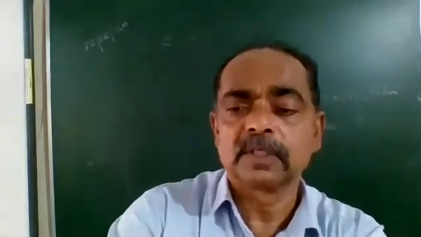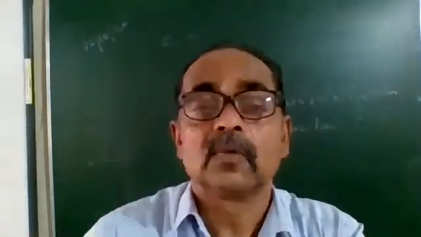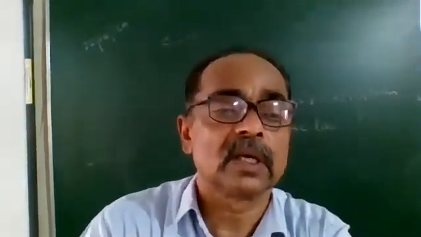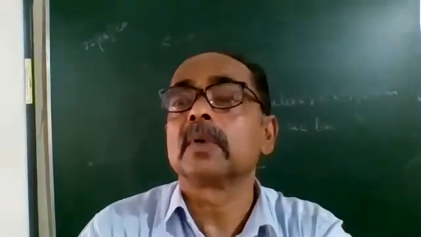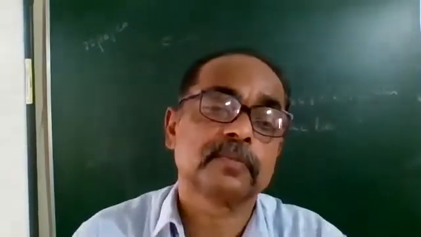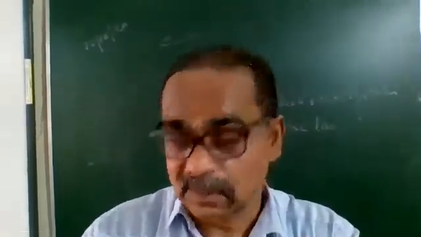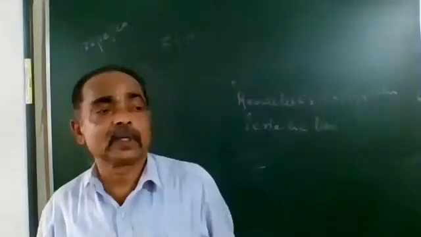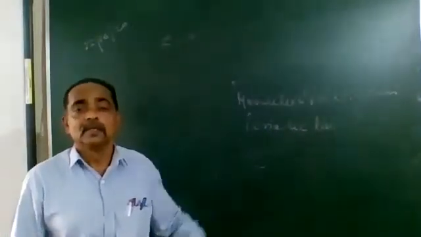Mendeleev's periodic law states that the physical and chemical properties of elements are periodic functions of their atomic mass. Understood it? So what is the meaning of periodic functions? Physical and chemical properties of elements are periodic functions of their atomic mass.